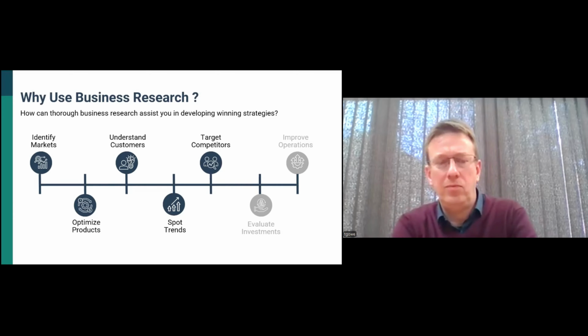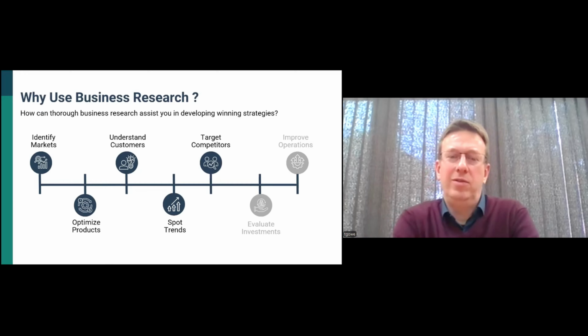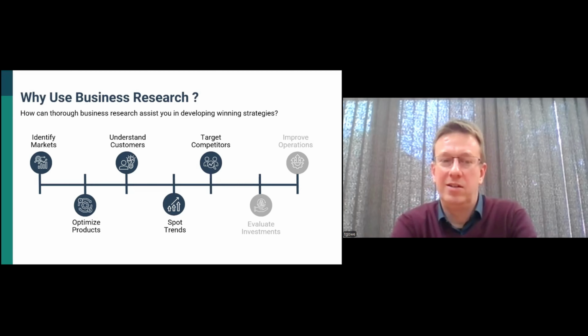So of those seven areas, and I've used this slide in previous webinars, I would say only the evaluation of investments, improvement of operations aren't really directly related to marketing, but the other five absolutely all are. So identifying markets, particularly new markets for new market entry, is definitely something that marketers want to do. They want information that can help them optimize their products.